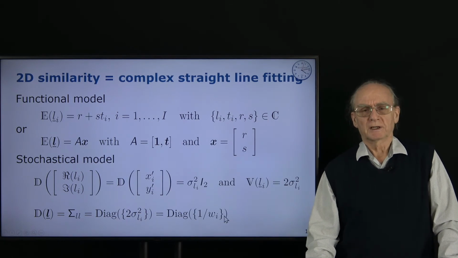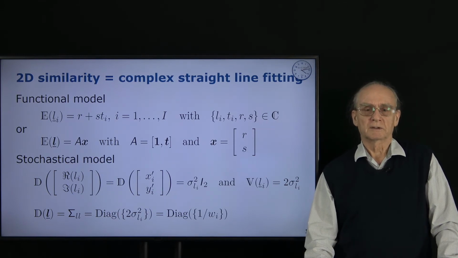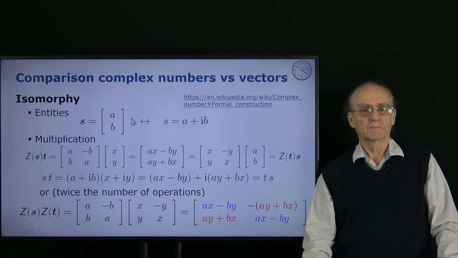And up to now we had no real difficulty in making this transition. Now we have to have a look a little bit before we go on. How is this relation between the complex numbers and that what we know from our normal real vectors? So the first relation is the following: if we have a complex number s with a real part a and imaginary part b, we could put that into a vector (a, b).